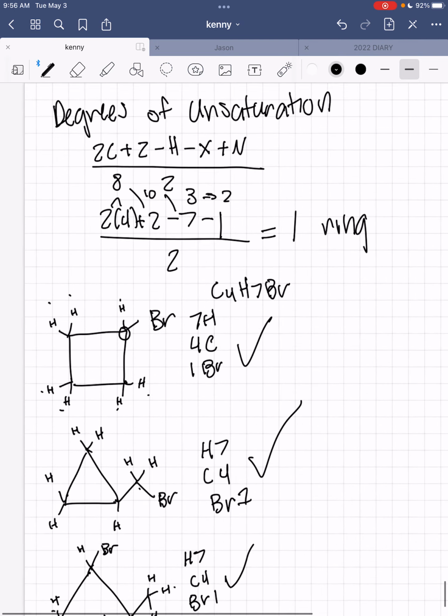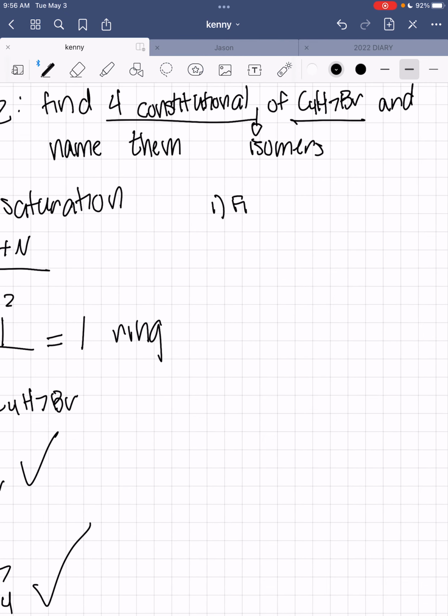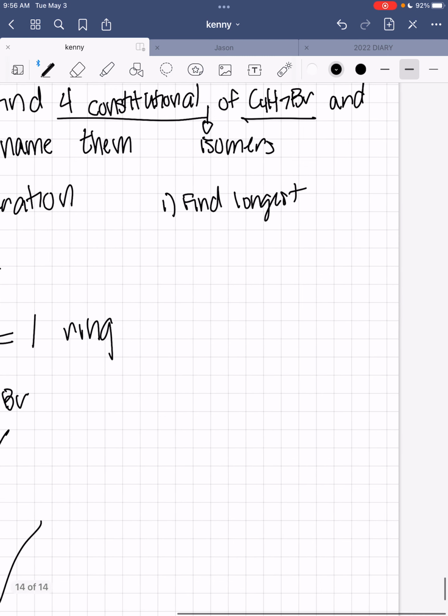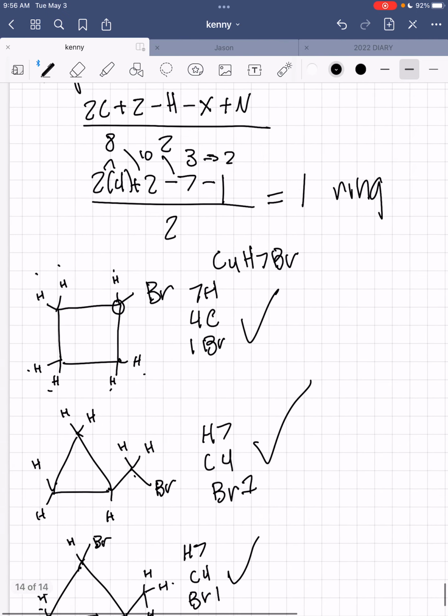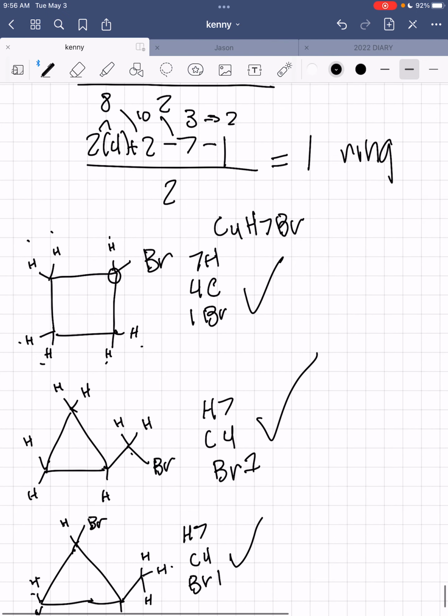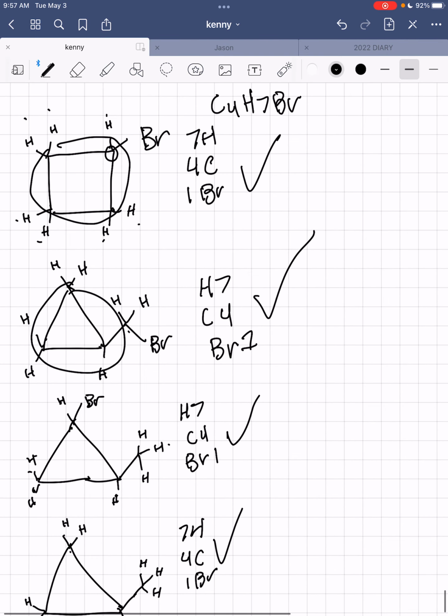So what you first need to do is find the longest chain or ring. For all of them, the ring will be the longest.